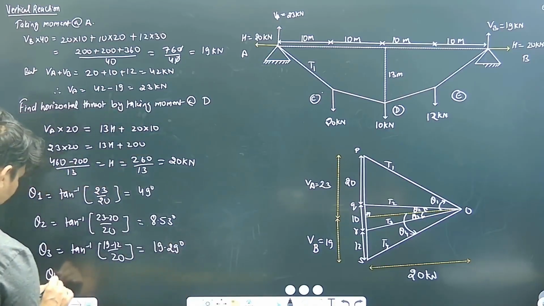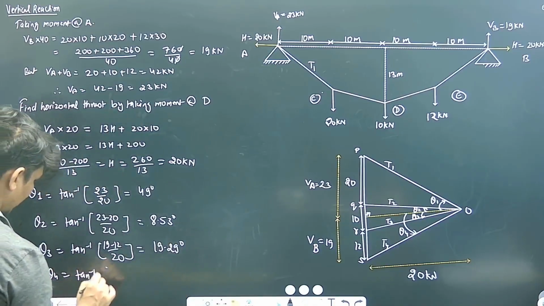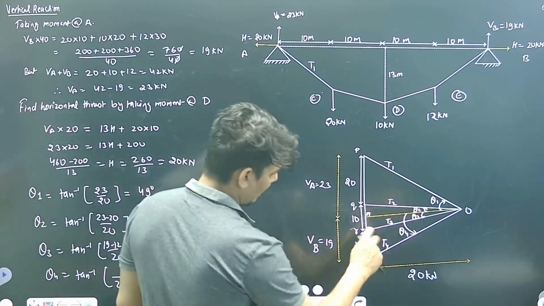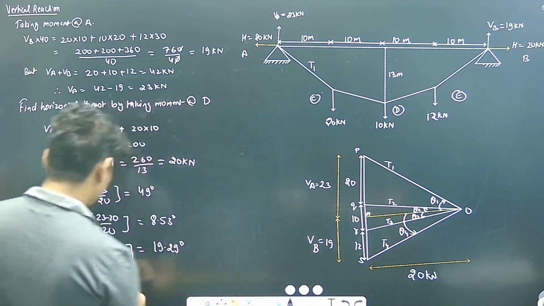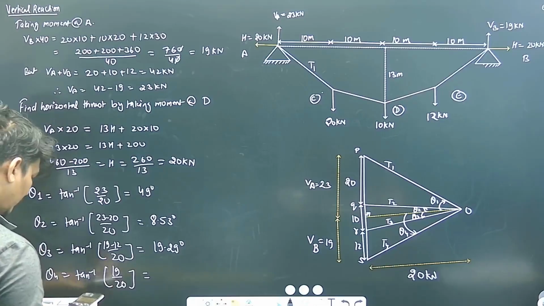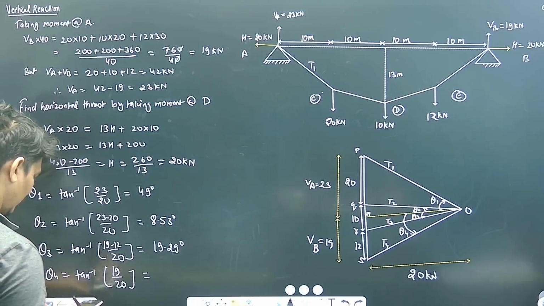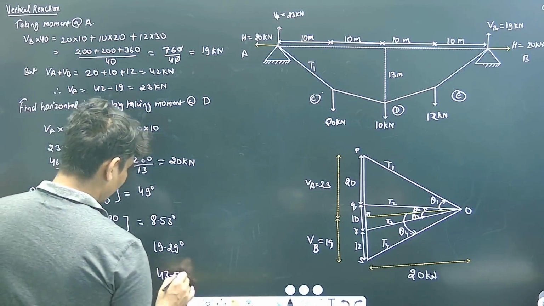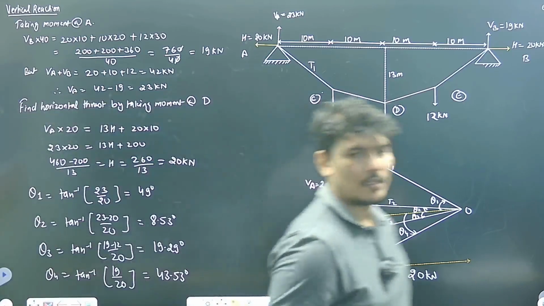Theta 4, tan inverse, perpendicular does not change, sorry, base does not change, perpendicular does. How much? 19 .53 degree. Is it clear?